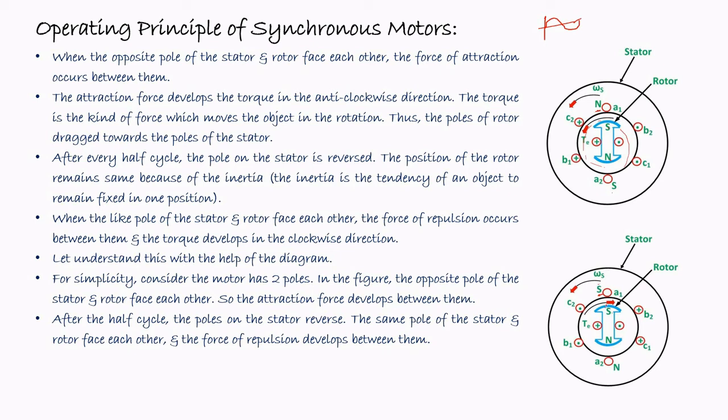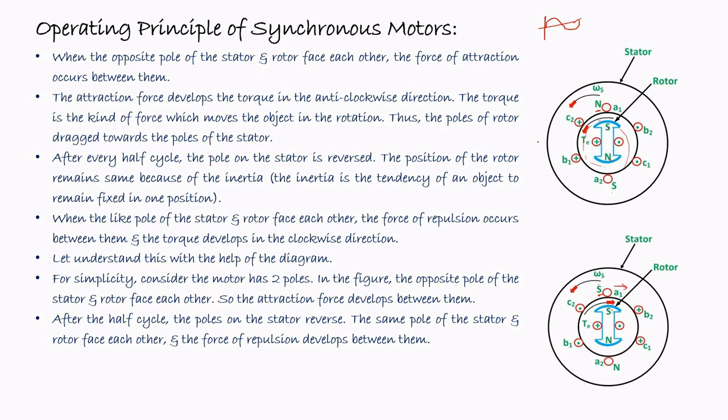As a result, now the torque will be developed in the opposite direction because the magnetic field is continuously rotating in anti-clockwise direction. But because of this position of the magnetic field in stator and rotor, a repulsive force will be developed on the rotor and the rotor will try to rotate in opposite direction.